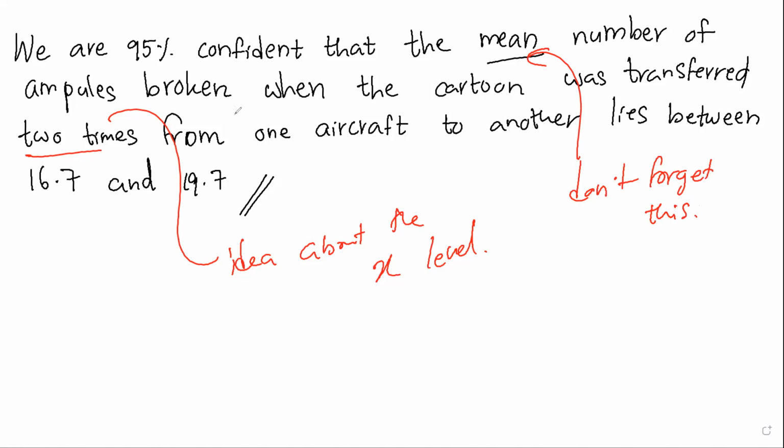The mean can either lie between these two or not. If it is lying between these two, the probability of this event is 1. If it's not, the probability is 0. So we are not talking about probabilities, we are talking about confidence. So we are 95% confident that the mean number of ampoules broken when the carton was transferred 2 times from one aircraft to another lies between these two values.